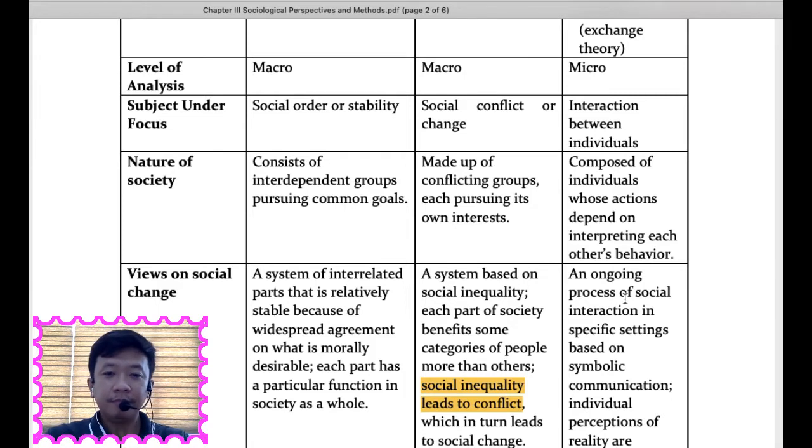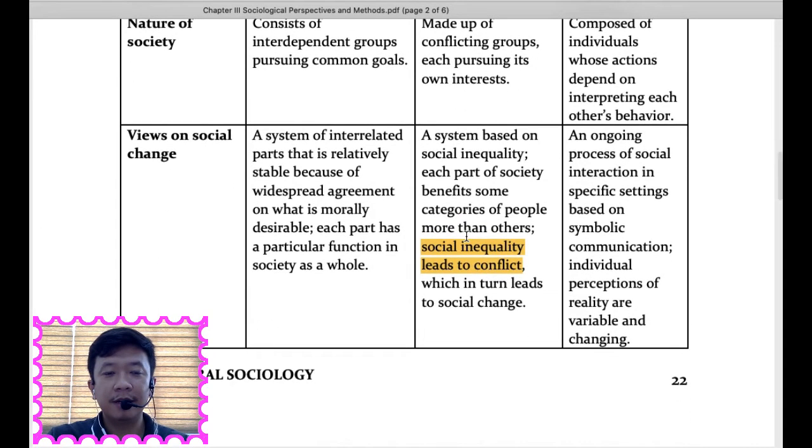Okay? Now, for the view on social change, of course, alam natin na ang conflict dito ay talagang meron siyang stance regarding social change. But other perspectives like symbolic interactionism and structural functionalism also have, meron din silang take on social change. Let's take a look at what structural functionalism has to say.